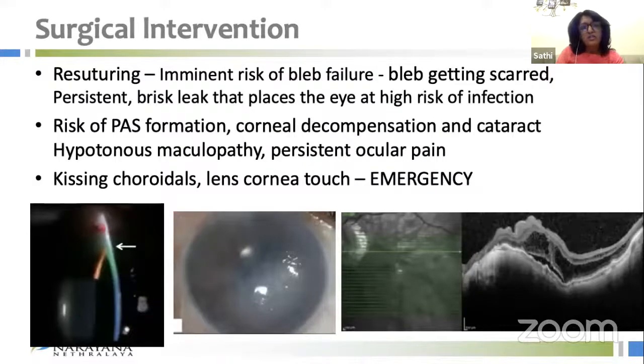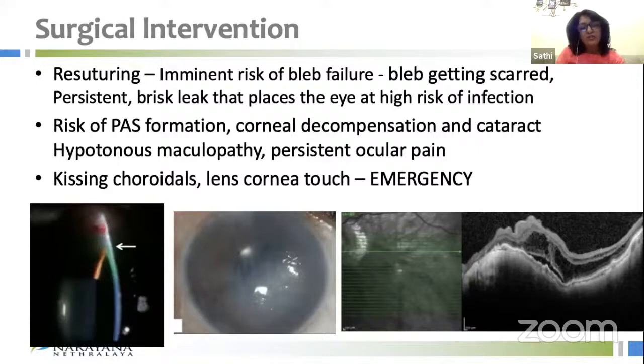Now, when would a surgical intervention be required in such a situation? Usually very uncommon. Most of these respond to conservative management. But if you see that there's an imminent risk of bleb failure, if the bleb is getting scarred, you see a brisk leak which is persistent, and this places the eye at high risk of infection, then you would want to go in and close the leak.